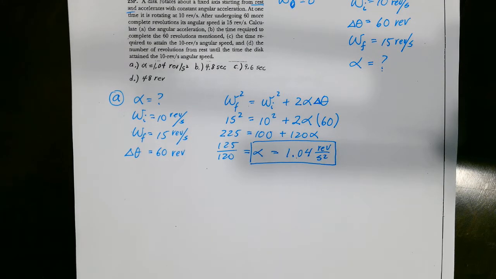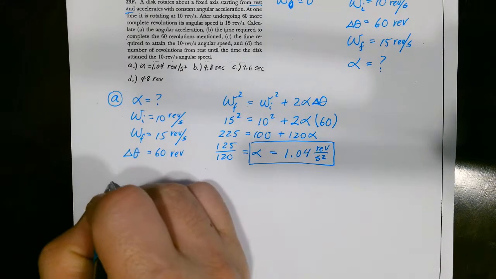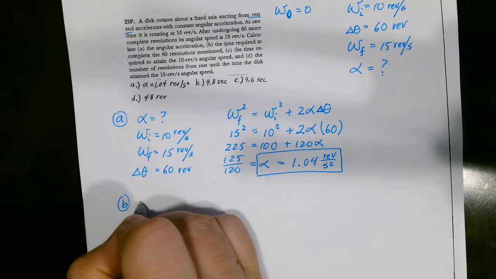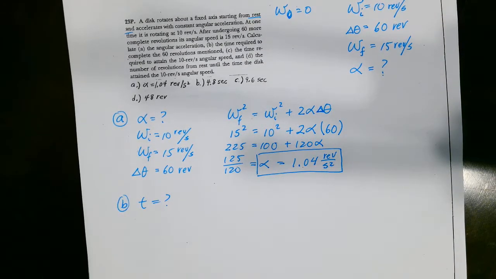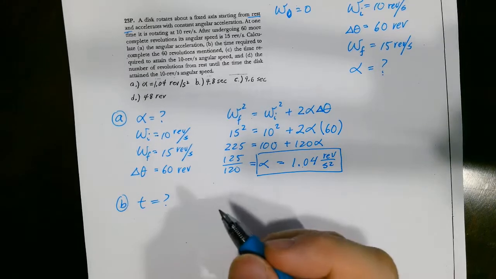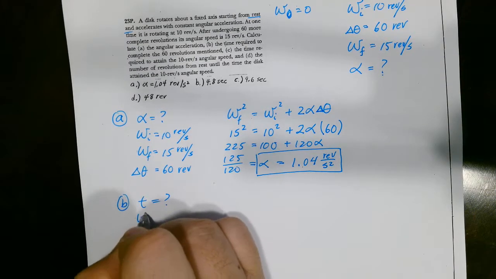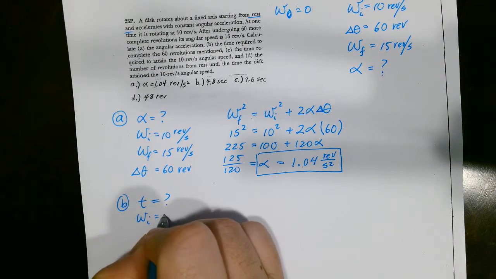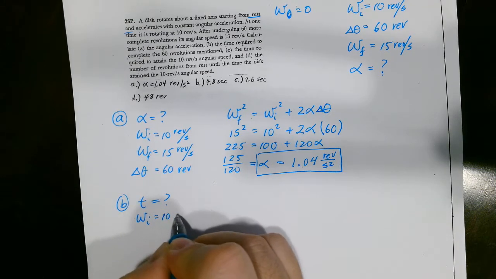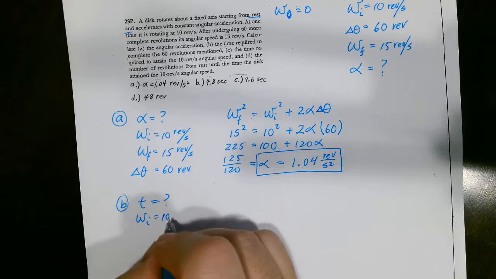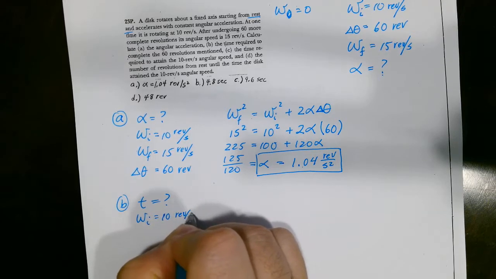Then for part B, the time required to complete 60 revolutions. So for part B, we're looking for time. We know everything else. There's so many correct ways to do it, you may get confused. We can use omega initial to be 10 revolutions per second.